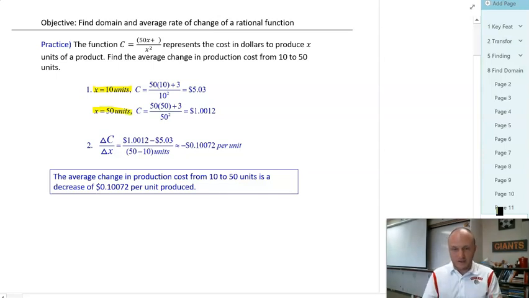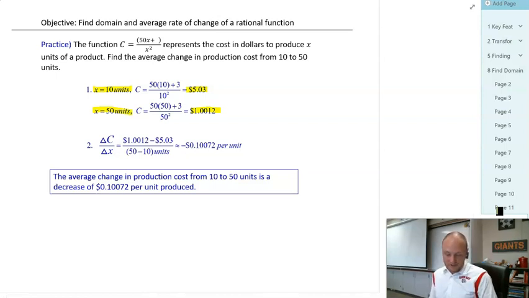When you plug these in, you get function values of $5.03 and $1 and 0.0012 cents. You plug this in, and your delta C, which is cost, divided by your delta x, which is units, gives you your average rate of change. And there you have it.